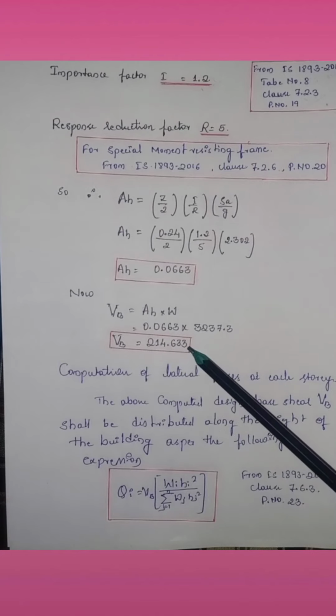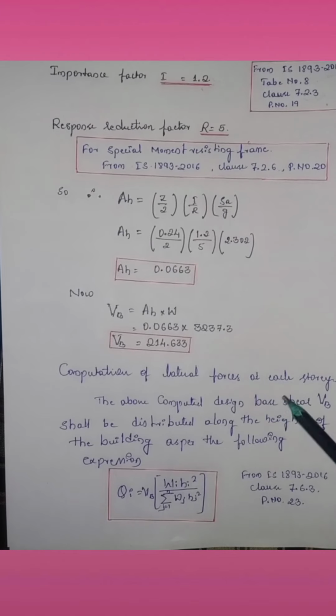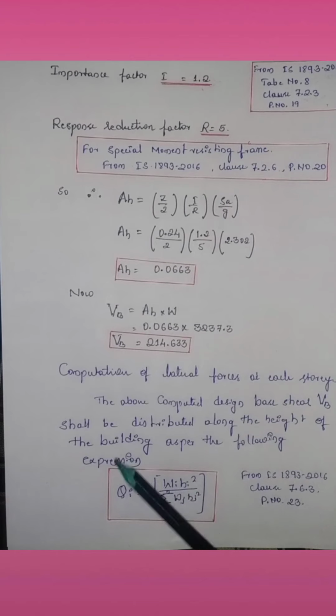This is your VB. After computing the base shear, the next step is the computation of lateral forces at each story. We have calculated only the base shear so far. Now we need to calculate the lateral forces at each story, that is, the story shears.